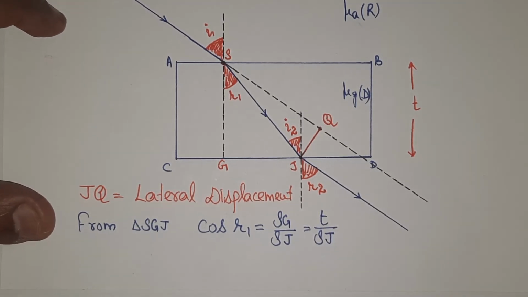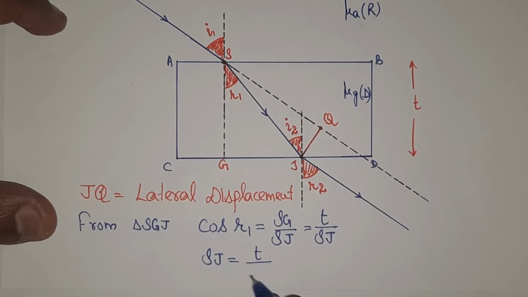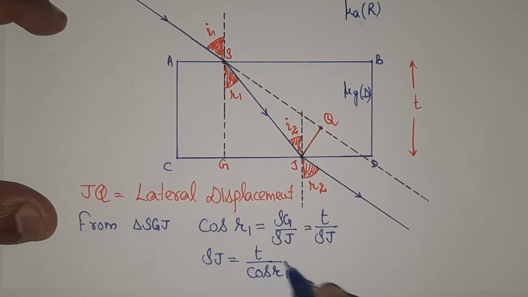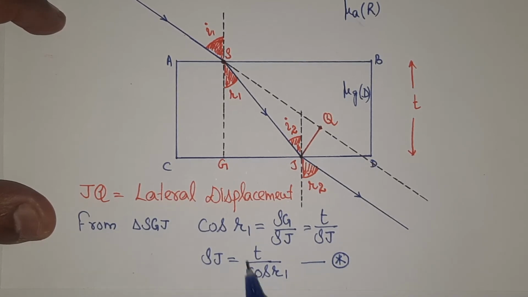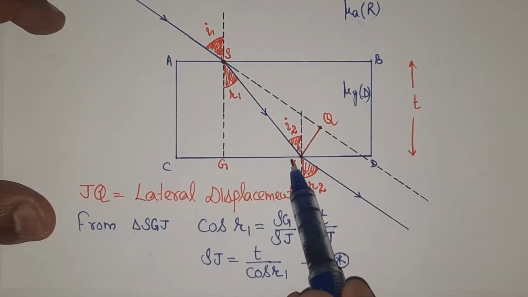So from here we get the value of SJ is equal to T over cos of R1. Now we know the value of SJ.